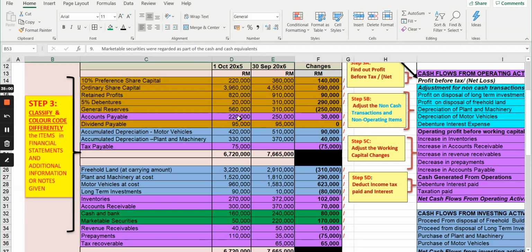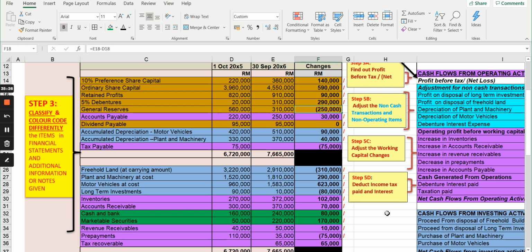So the changes in general reserve here, if you can see, there was an increase 220,000. Yeah, sorry, where is it? Sorry, 560,000 down, and it was reduced to 310. So if that is not being informed, anything is not being informed, you would assume that the reduction of general reserve is due to the transfer made from general reserve back to the retained profit.